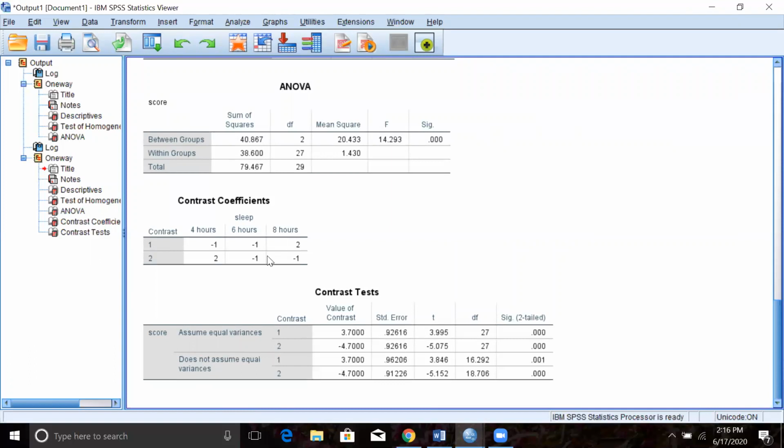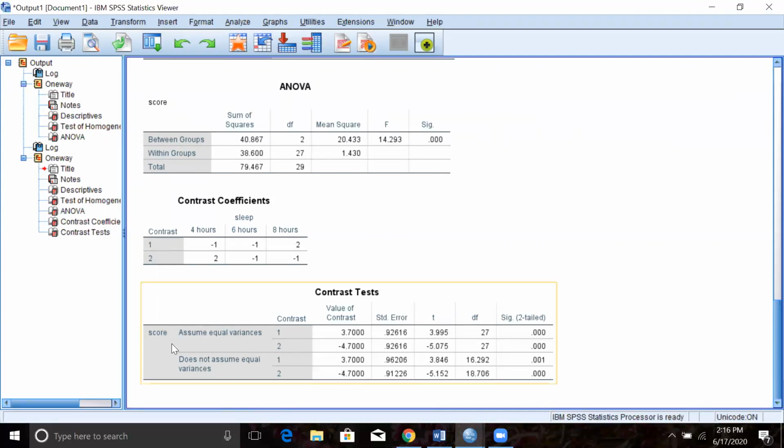In this contrast coefficient box, we can review that the contrast coefficients were properly entered. Recall that the 4-hour group in the first contrast got a -1, 6 got a -1, and 8 hours got 2. The second contrast was comparing the 4-hour group to the other two combined. So you can verify that you entered your coefficients correctly there. And then the results of the contrast tests are down here.